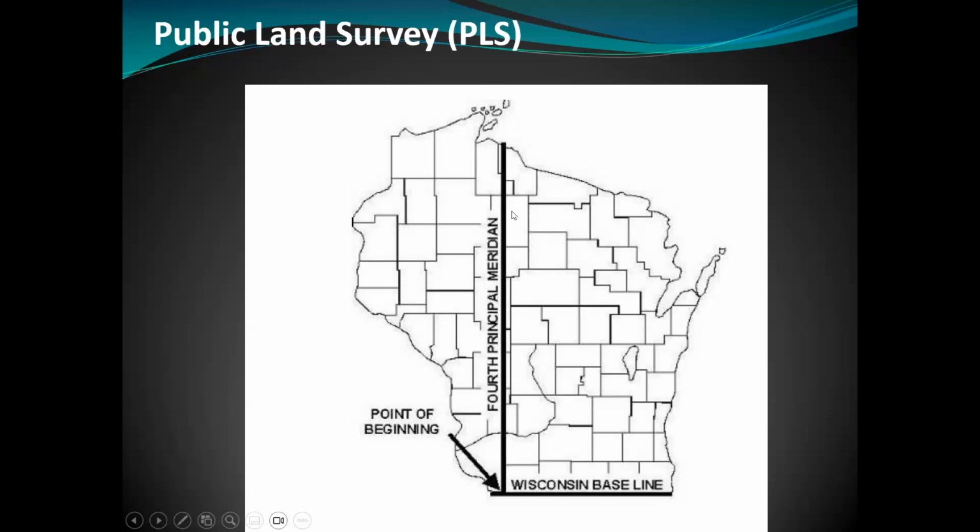So 138 miles north, and then 20 east. I'll make it 20 east because it's easier. So 20 townships east, so 19 times six. You're looking at 114, and somewhere between 114 and 120 is where we're at. So by having that town and range, it can map everything out in the state of Wisconsin.